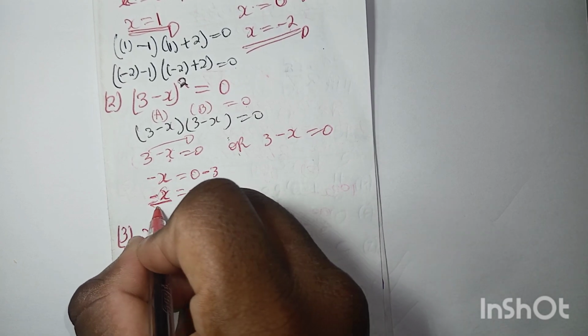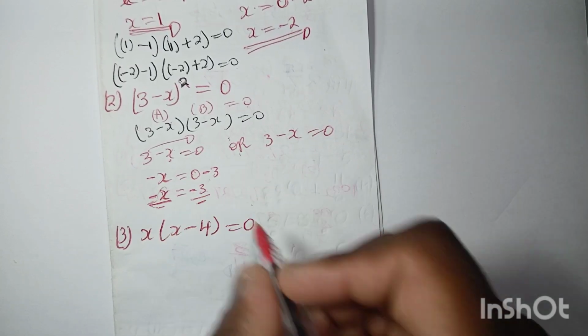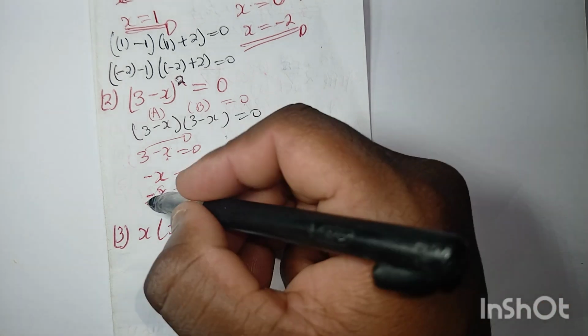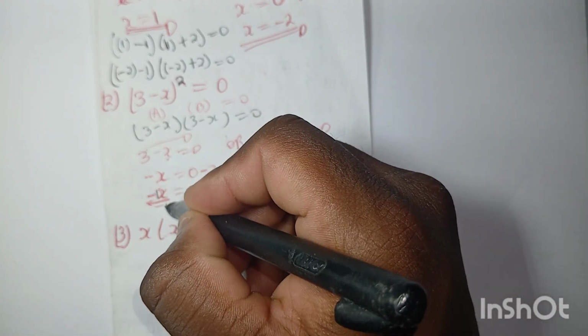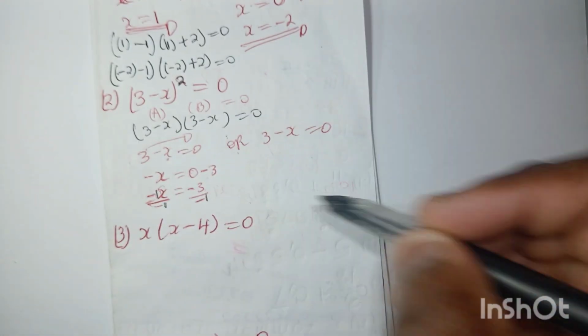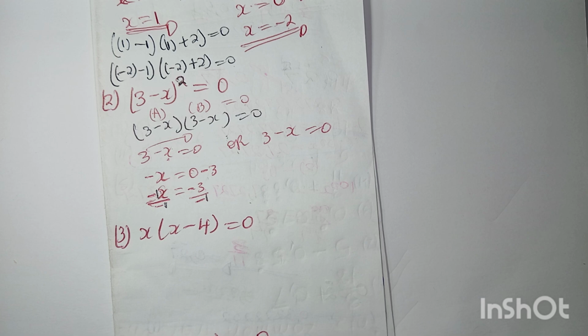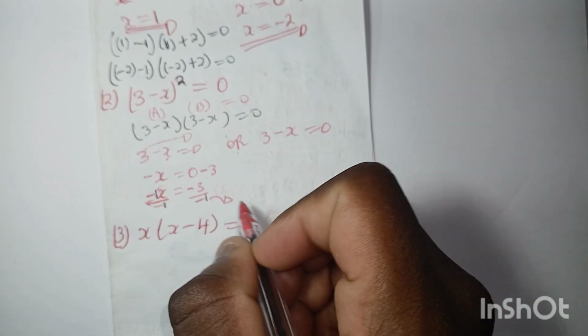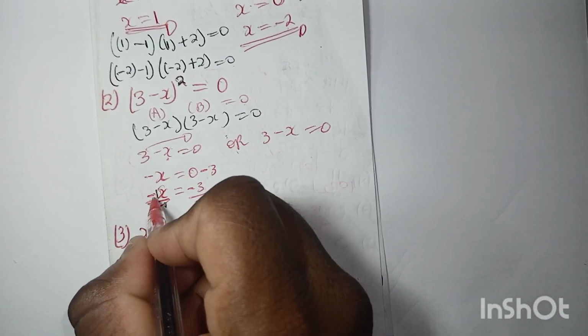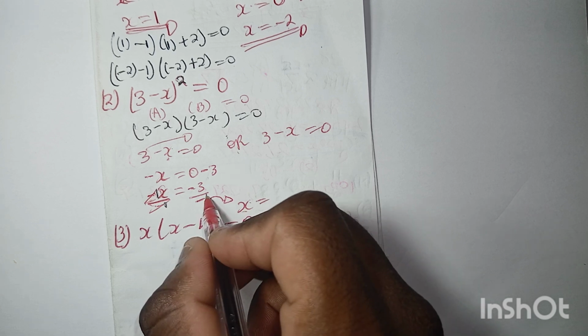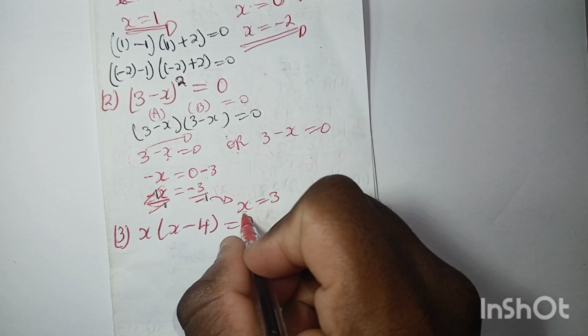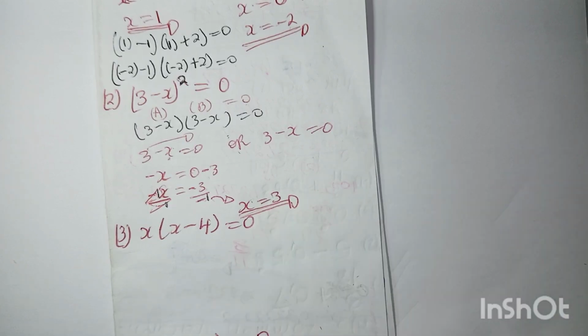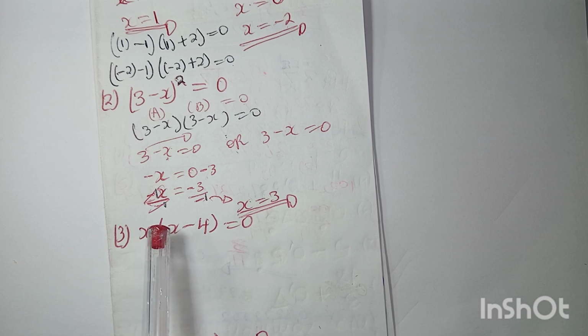Here I can divide both sides by negative 1, because you have an invisible one. My answer there will become x; these will cancel, it's x. When I divide same signs, I get positive 3 there. This is the first approach that I can use for this question.